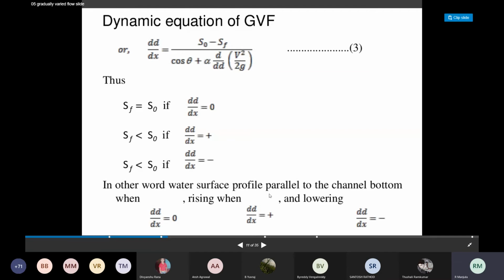In other words, you can say the water surface profile is parallel to the channel bottom, and there are two conditions, rising and lowering. So the water surface is parallel to the channel bottom when dd by dx is equal to 0. Are you understanding? dd by dx equal to 0, then the water surface profile is parallel to the channel bottom.